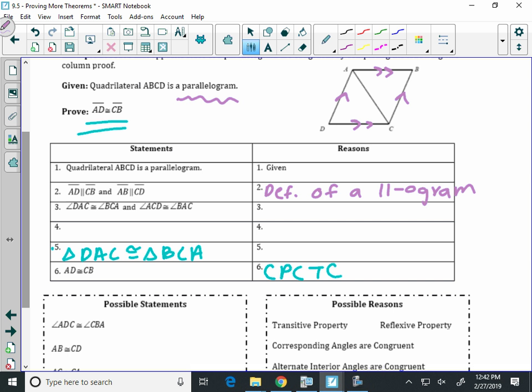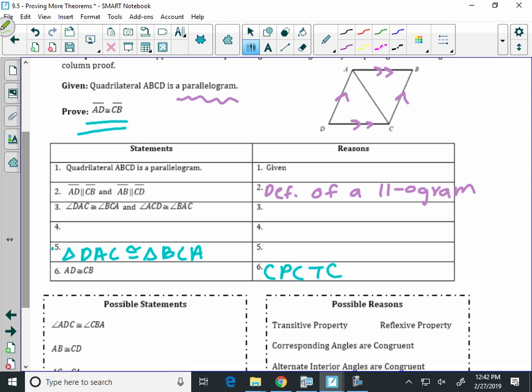Okay? Well, we talked about this here. Whenever we're given parallel lines, or we have parallel lines in our proof, what kind of angles do we have all the time? What's going to be our reason? Alternate interior angles. Here, it's talking about how angles are congruent.